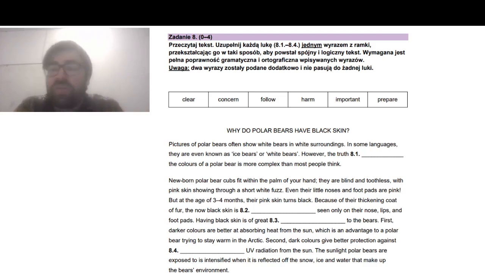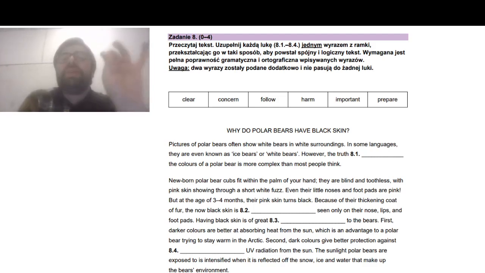So truth "dotyczy" about, basically "dotyczy" polar colors. So about colors. Full of, no. Harm, there is no information about harm. Important colors, we are not talking about important colors. Prepare, there is no information about preparation. So we are going with the word concern, right?